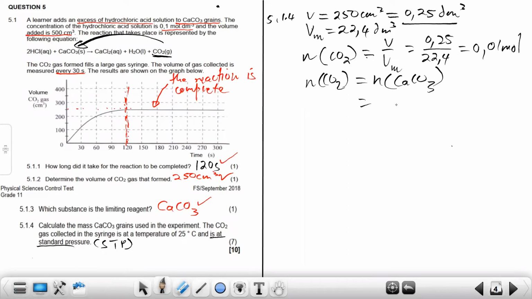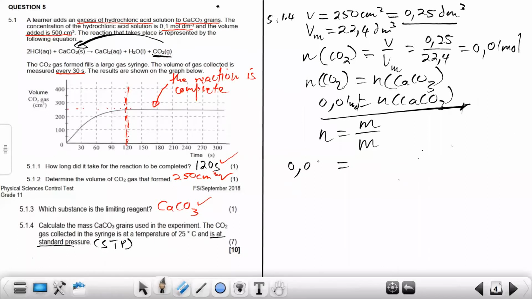So we can easily say the number of calcium carbonate moles will also be 0.01 mole. Once I have the number of moles, it becomes easy because I can say the number of moles of calcium carbonate is 0.01, and I want the mass.